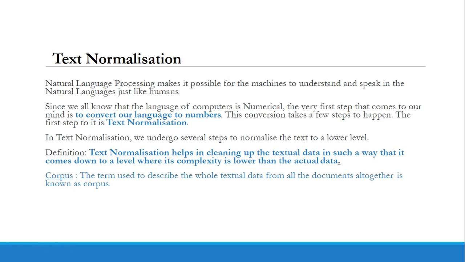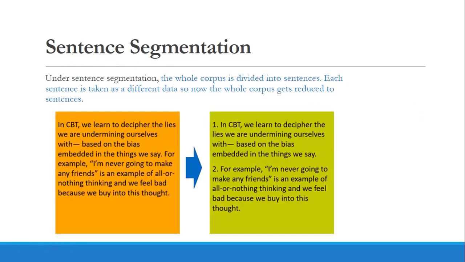The first step of text normalization is to gather, to collect, right? So for that, what are we using? The whole corpus. This is called the corpus because these are all the sentences that I have gathered from different documents. Now, when I apply sentence segmentation, this whole corpus is divided into different sentences.